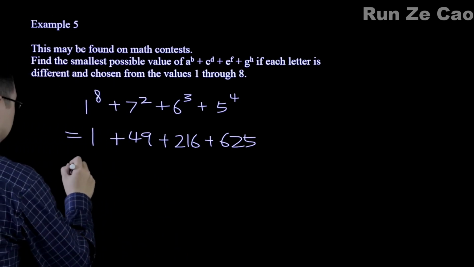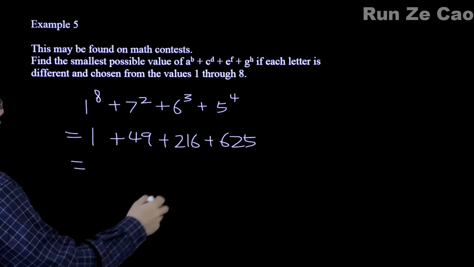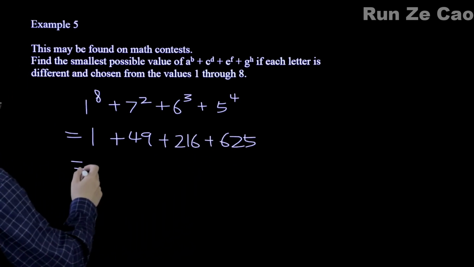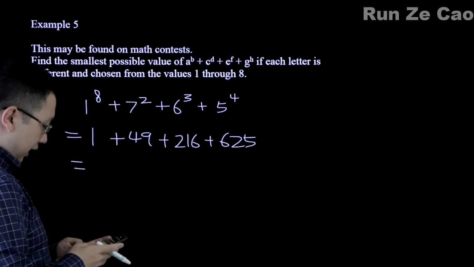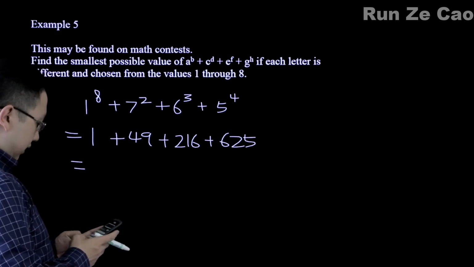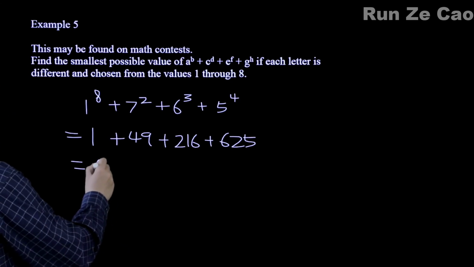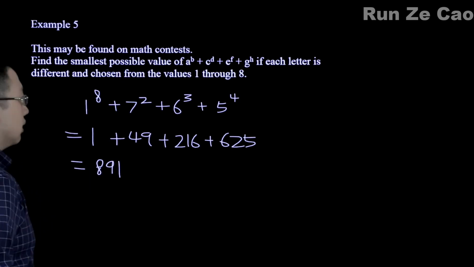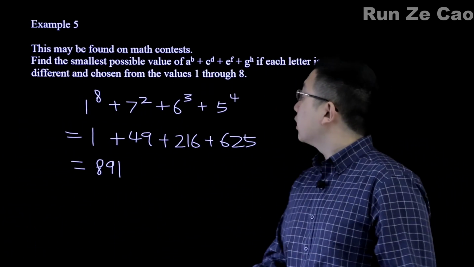Actually, button mashing is optional here, as long as you remember some of the basic powers. And adding this together, well, I don't particularly feel like adding it by mental math. And honestly, if you have a calculator, why not use it? So 891.